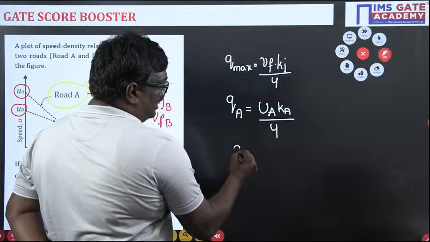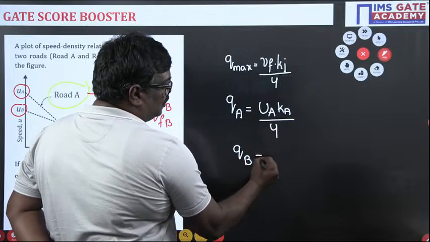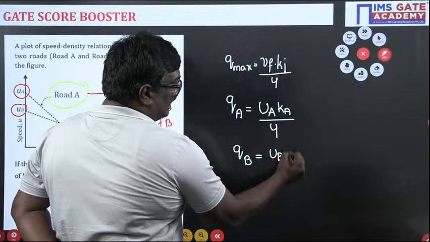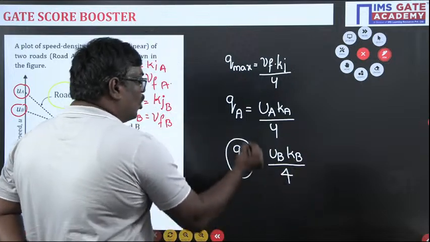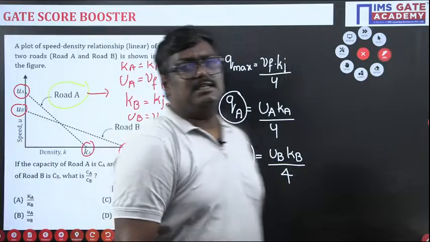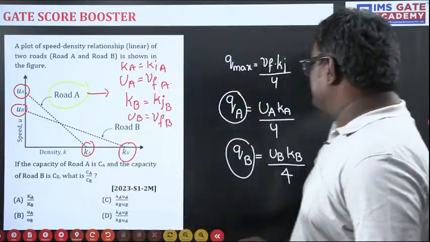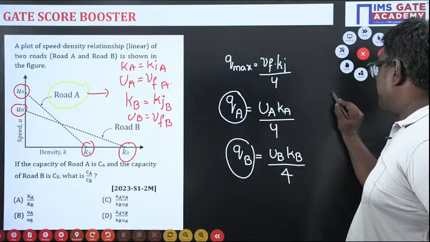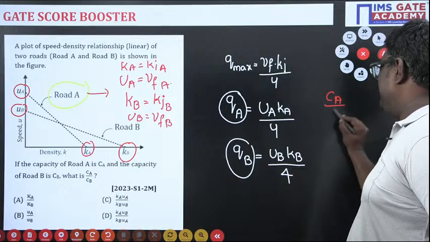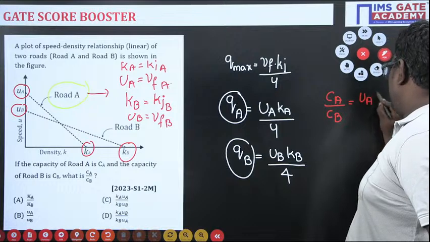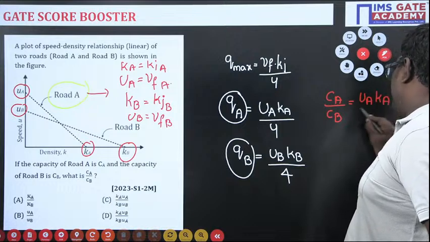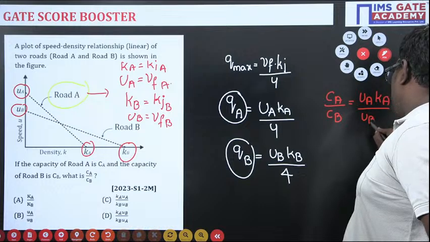Similarly, Qb will be equal to Ub into Kb by 4. Capacity per lane, flow per lane, is nothing but capacity. So the capacity ratio Ca upon Cb can be written as Ua into Ka upon Ub into Kb.